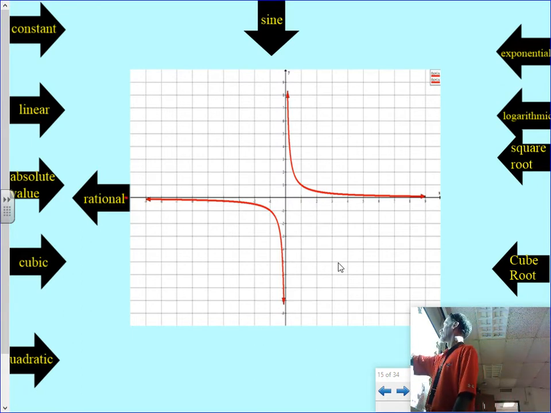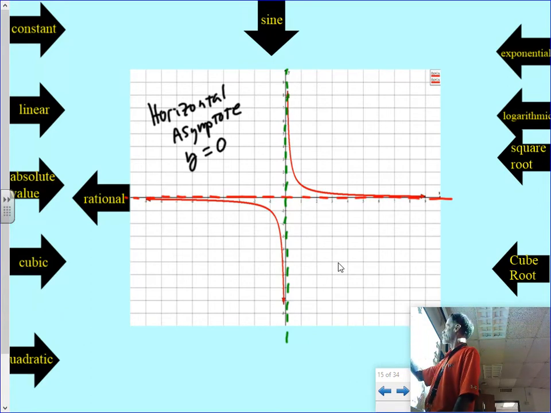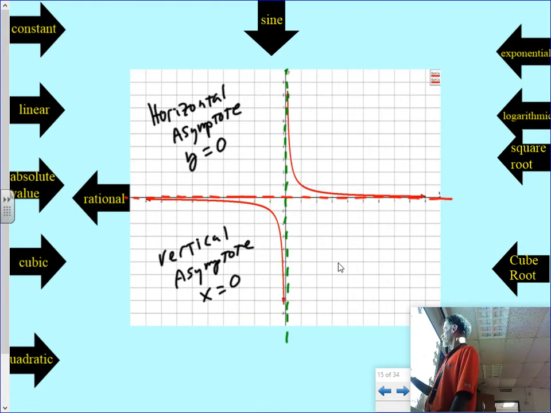So it has a horizontal asymptote at y equals 0, and then it has a vertical asymptote also at x equals 0.